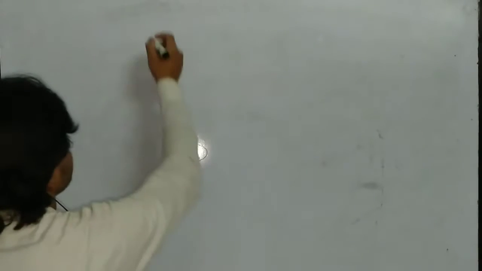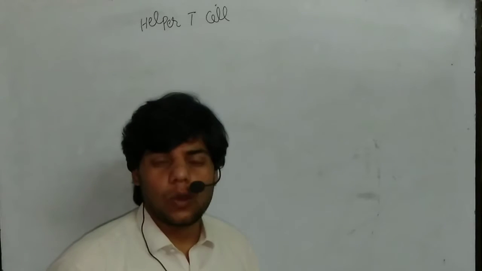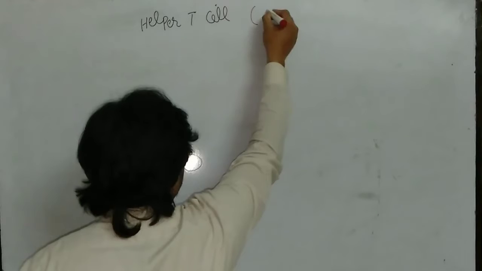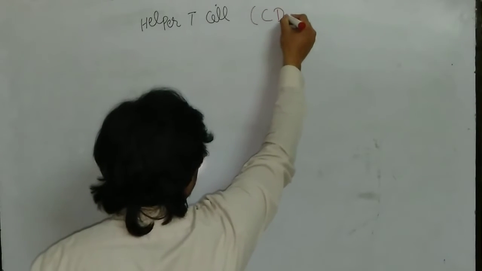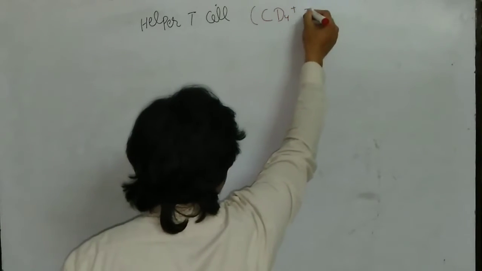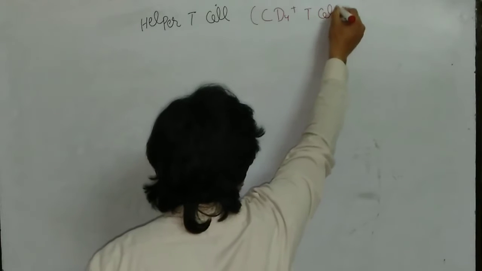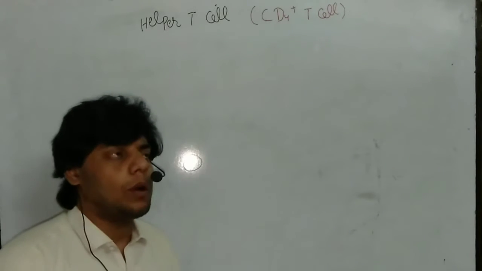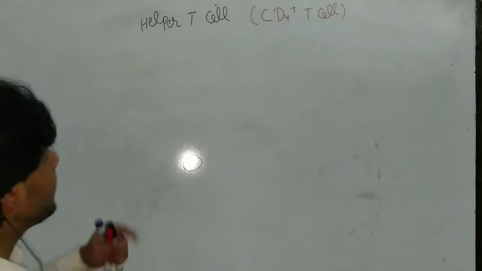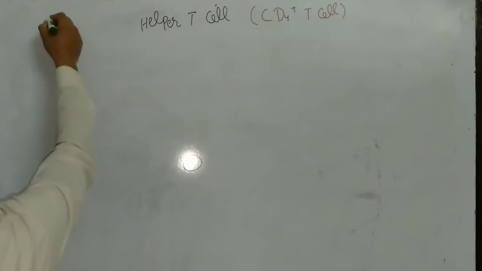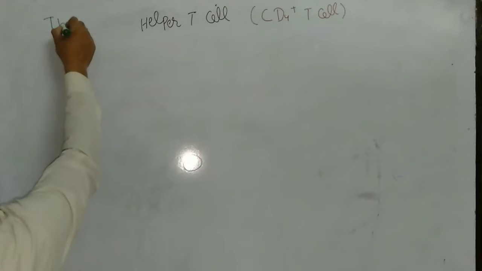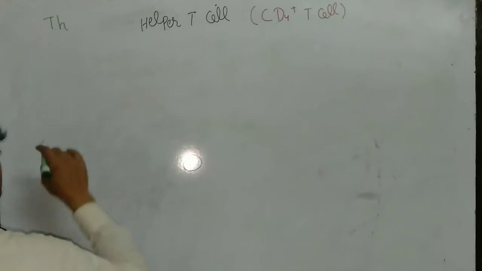Okay friends, so now let me write that helper T cell. The second name of the helper T cell, we also call it CD4 T cell or CD4 T lymphocyte, CD4 positive T cell or T lymphocyte. Now the abbreviated form of helper T cell is T helper cell, TH.